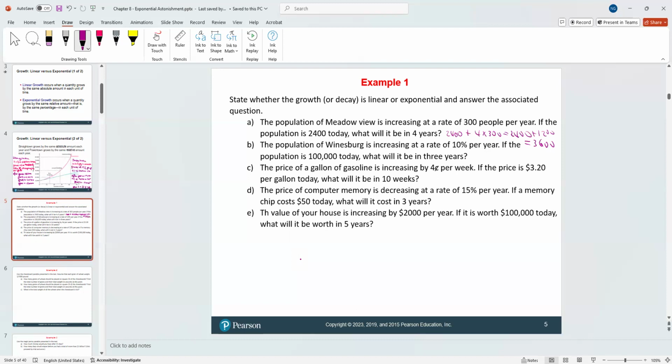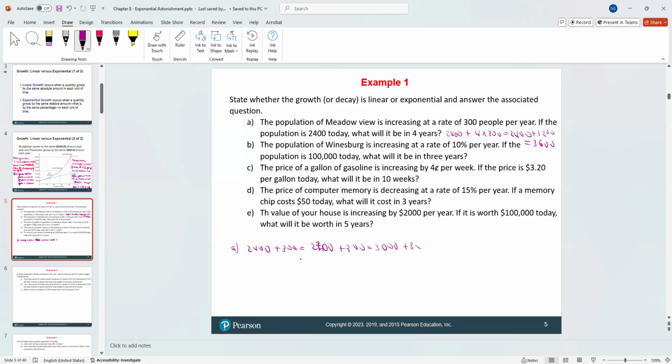For A, it would be 3,600. Or if you want, you can just start with 2,400. If you add 300 to it in the first year, that gives you 2,700. If you add another 300, that gives you 3,000 after 2 years.